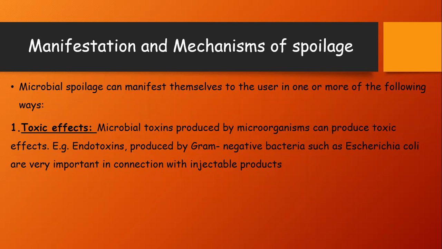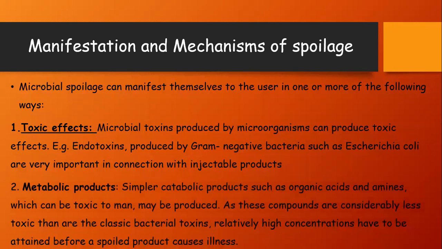So we also have metabolic products. Metabolic products from microorganisms that have already contaminated the products are catabolic products such as organic acids and amines, which are produced by microorganisms and are toxic to man.